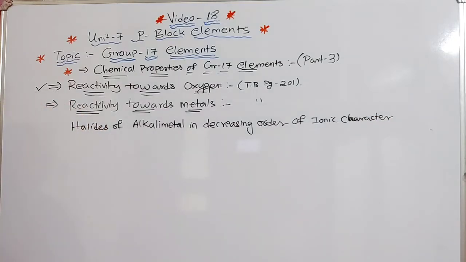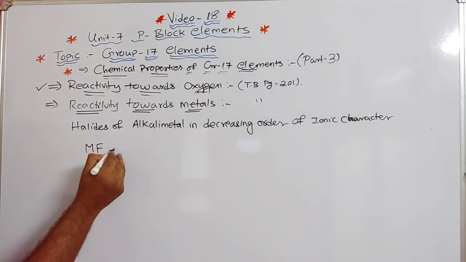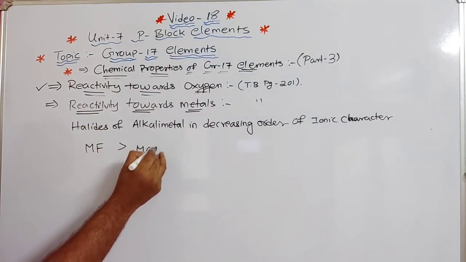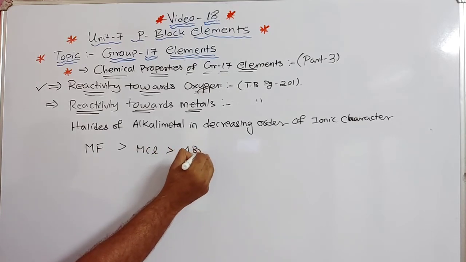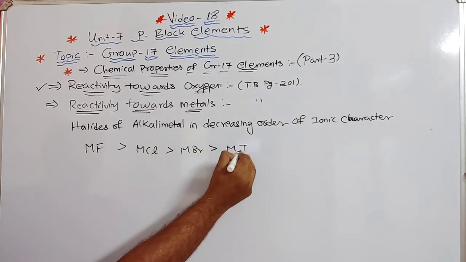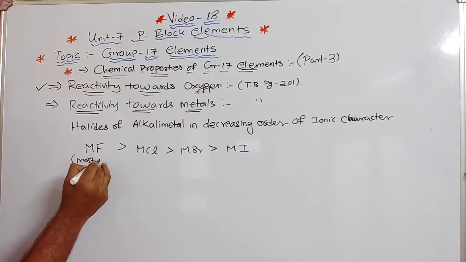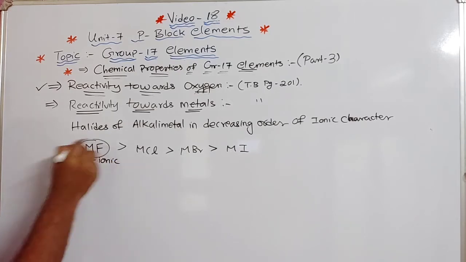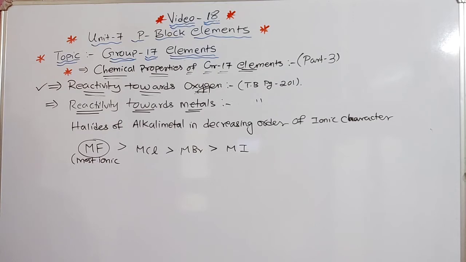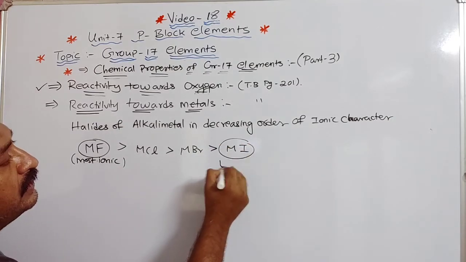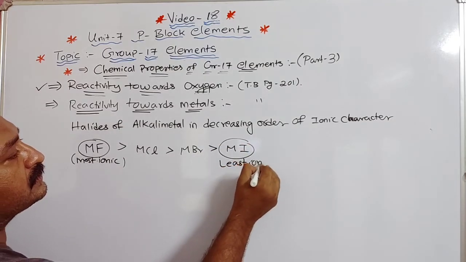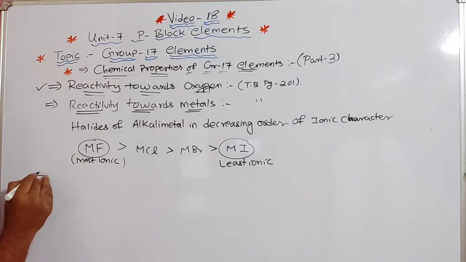Now when we say halides, MF is greater than MCl, greater than MBr, greater than MI. Clear? Now this one, MF, is the most ionic in nature. MF means metal fluoride, or sodium fluoride and so on. The most ionic is MF, and the least ionic is MI. Understood this part?